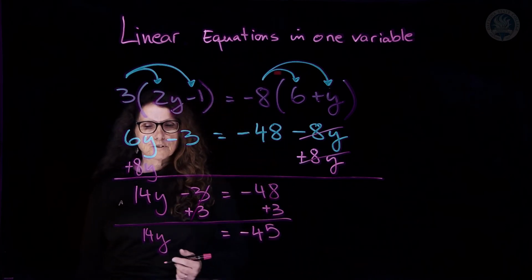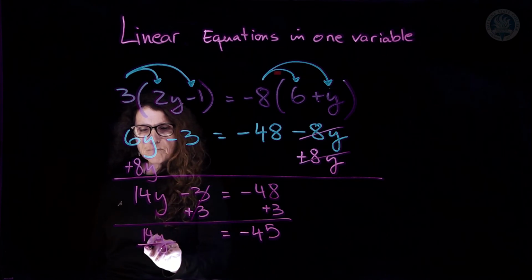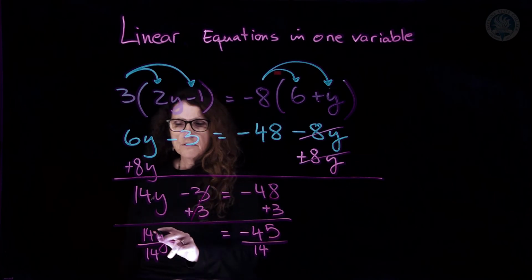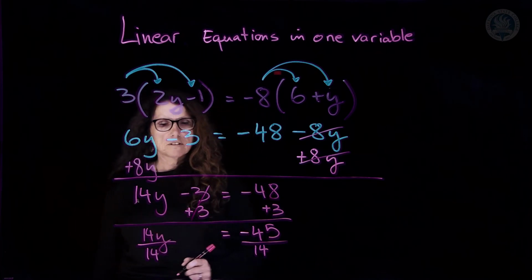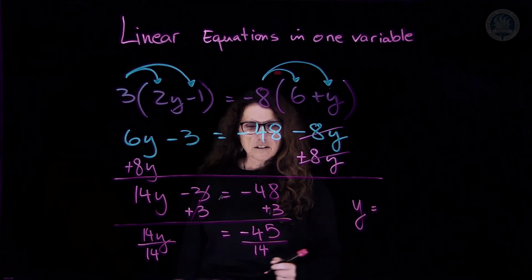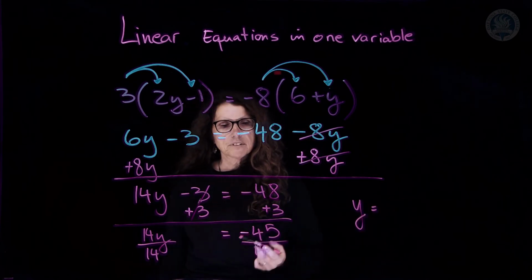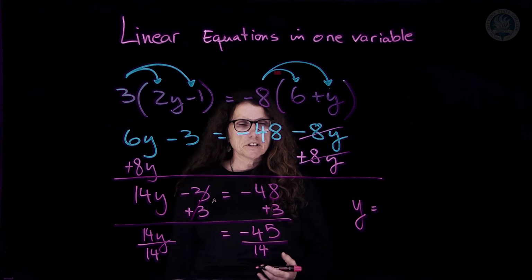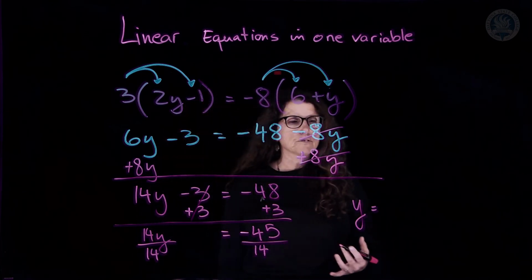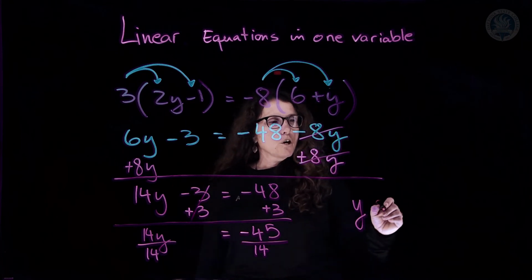To undo the 14y, divide by 14. And 14 divided by 14 is 1y. I'm going to write over here, so y equals, and we have negative 45 over 14. Yes, fraction action. There is nothing you can do to reduce it.